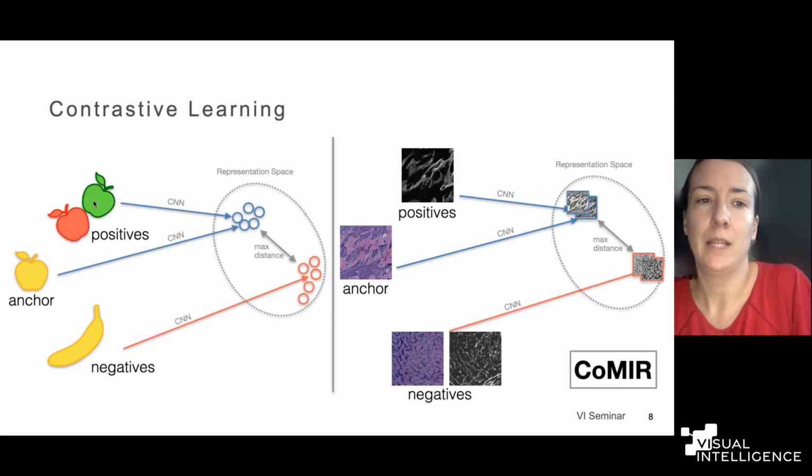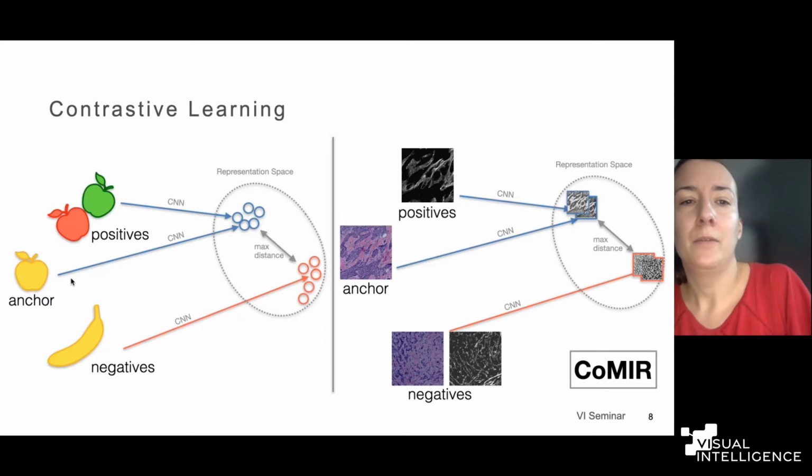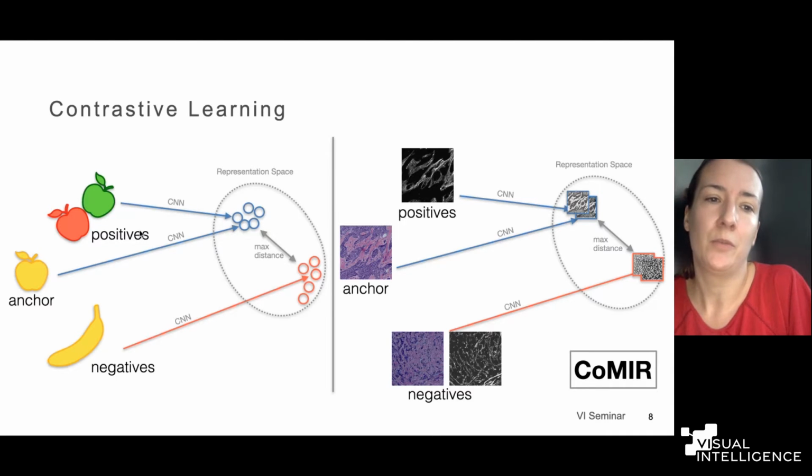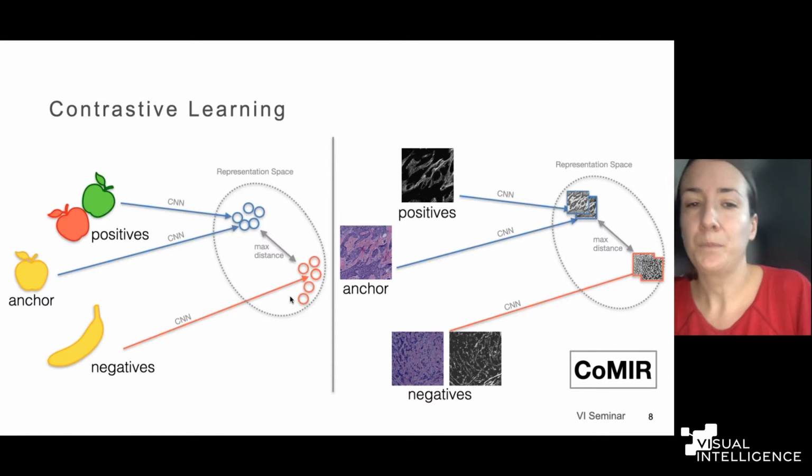So maybe slightly rotated or different colors, etc. And then you are trying to find these abstract embeddings such that the embeddings for the anchor and the positive are close together. And for the negative, for example, for a banana, it would be far away.